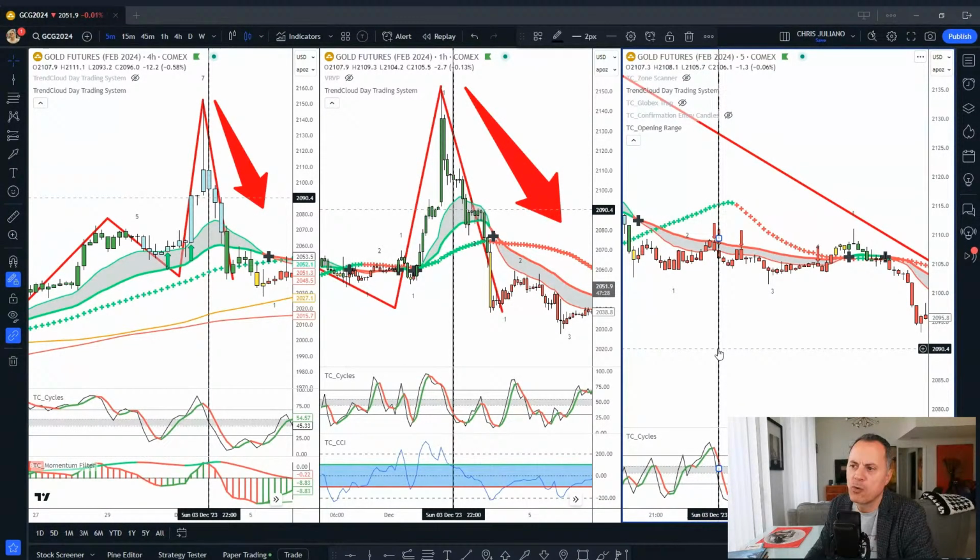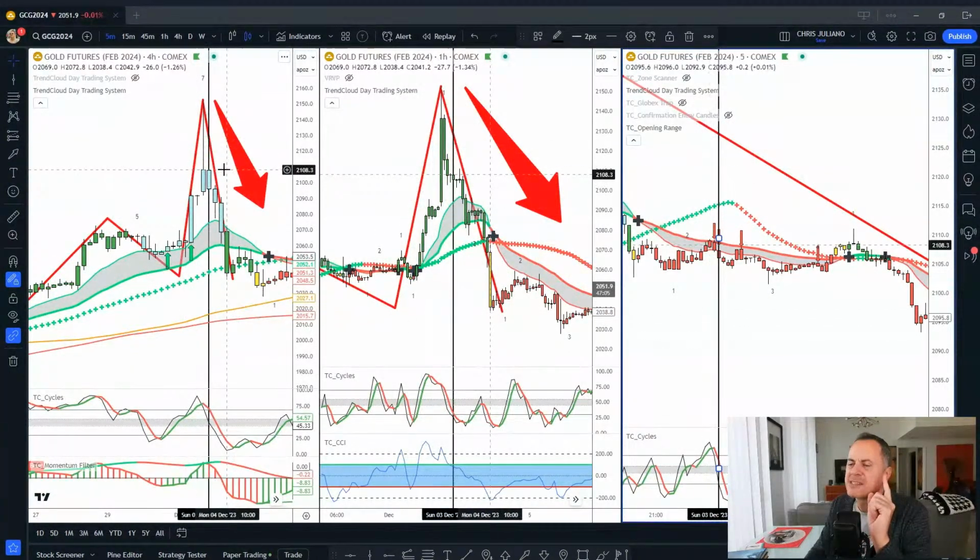Aggressive move, more aggressive because we don't have that middle momentum. This is flashing green and red, but we are still technically in an uptrend, right? So we've got an uptrend on the middle time frame, an uptrend on the high time frame, but we're extended on that high time frame.